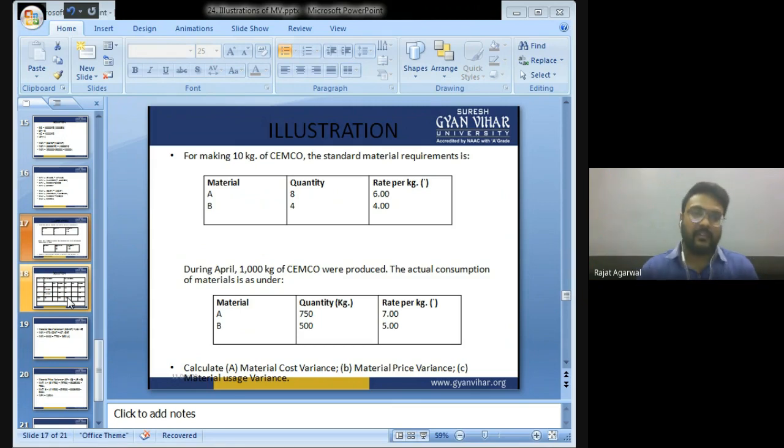During April, 1000 kg of Chemco were produced. The actual consumption of material is as under.